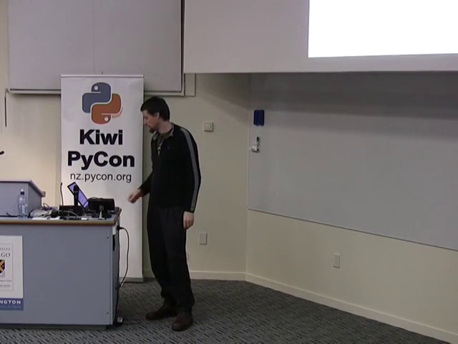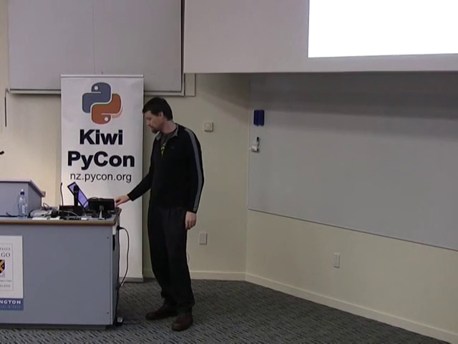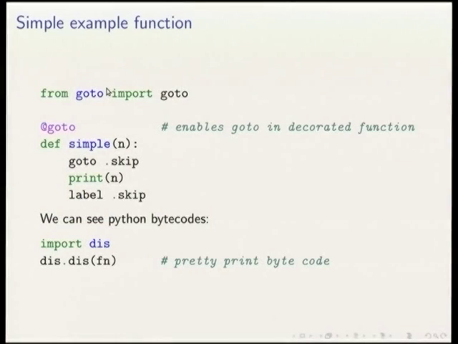The dis module in the standard library is the one you use for disassembling functions, to have a look. So this is what I wanted the Goto module to look like.